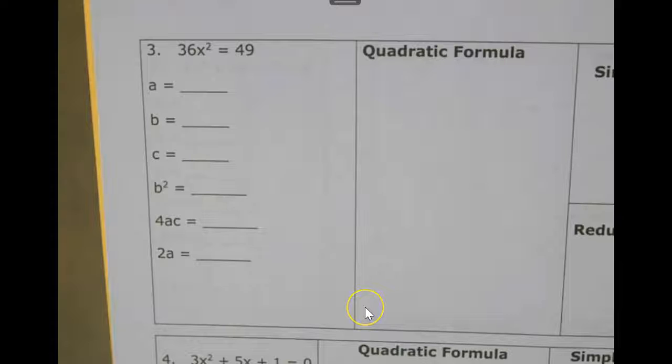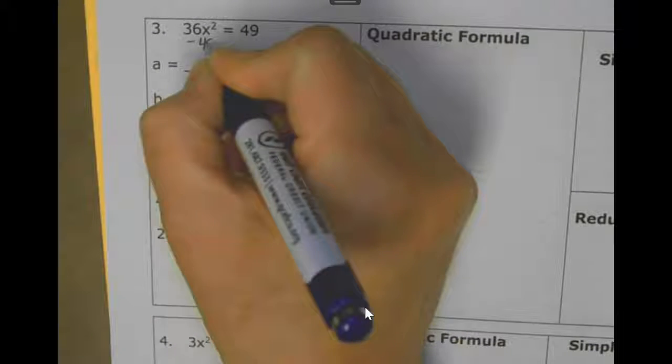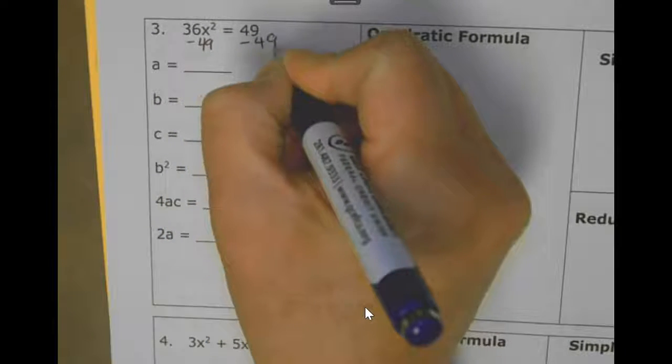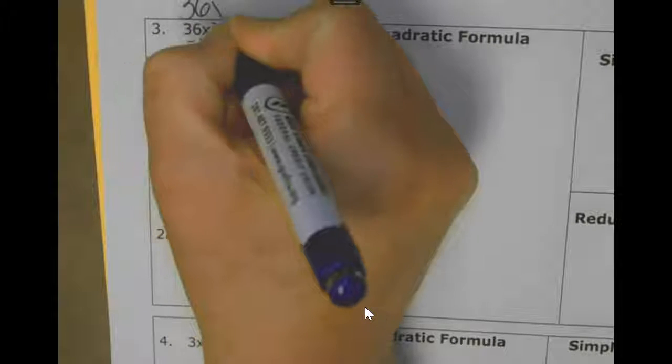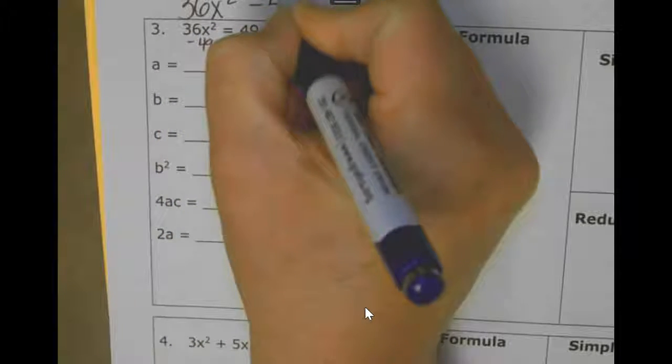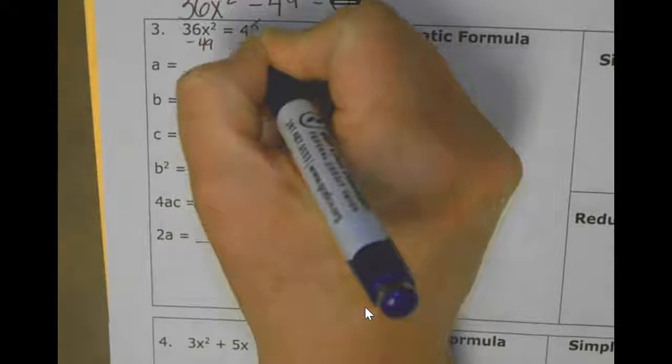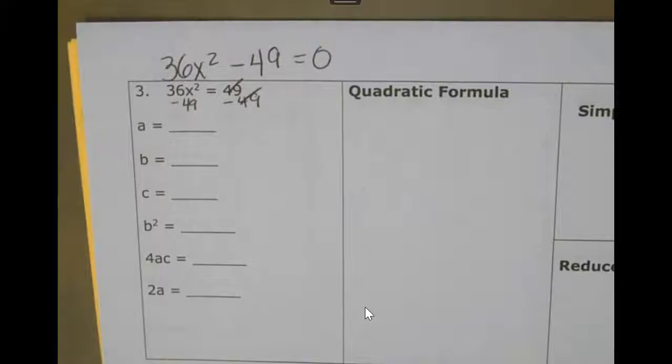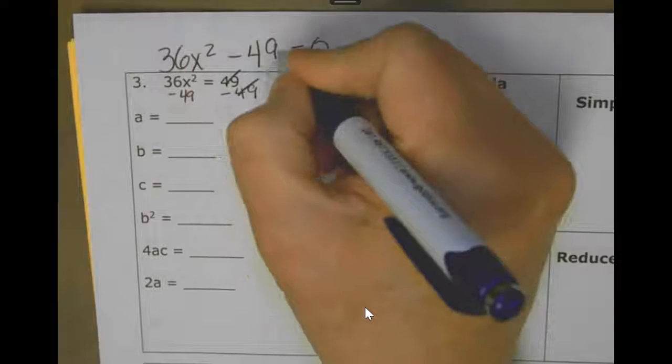And so, before you can use the quadratic formula, it has to be in standard form. Is problem number 3 in standard form? What do I have to do to get it in standard form? And so this would be 36x squared minus 49 equals 0, because that would cancel out. So what's the A?